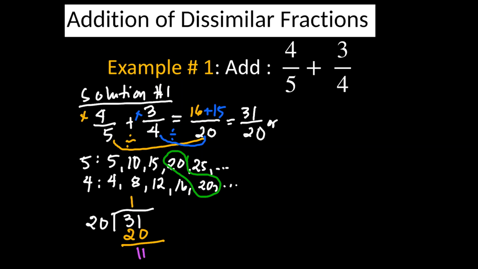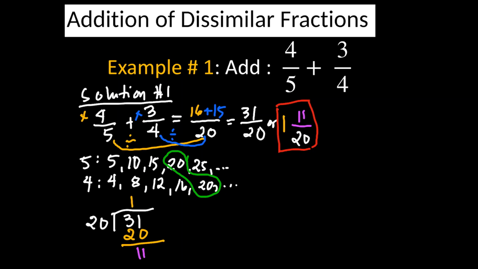And so if we rewrite this in simplest form, we copy the quotient, then the remainder, and then the divisor, which is 20. So we have the simplest form, which is 1 and 11 over 20.